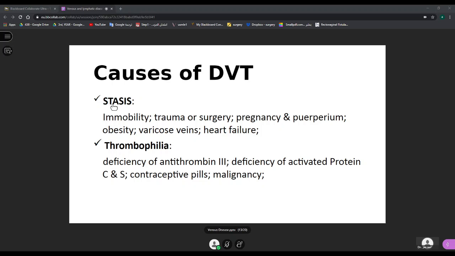Immobility, as I have mentioned, is one of the important factors which result into stasis and venous thrombosis. This can be secondary to surgery, pregnancy, particularly if the pregnancy is complicated, obesity, varicose veins, and heart failure. All of these conditions can result into stasis and deep venous thrombosis.